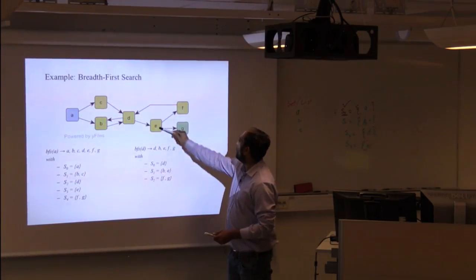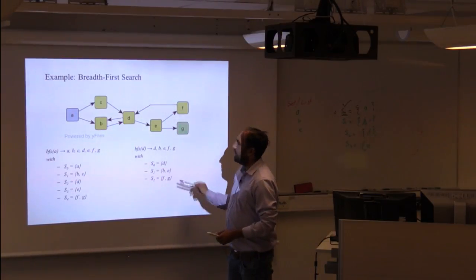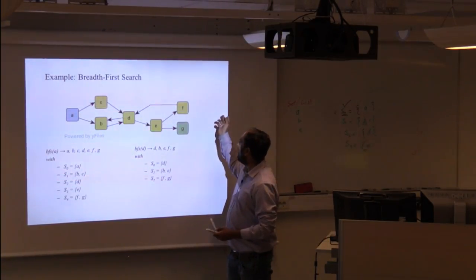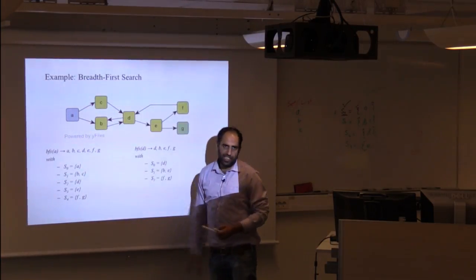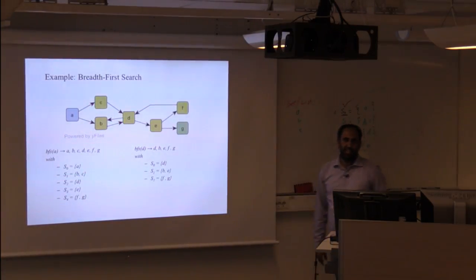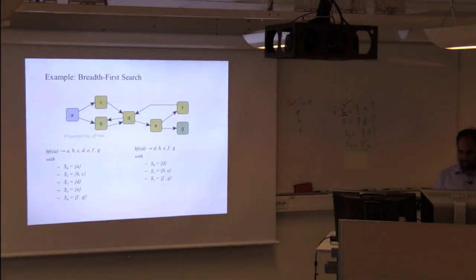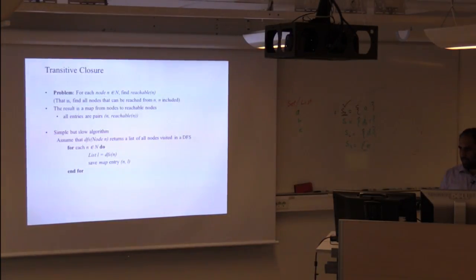And the successors of E, which are F and G, and then G does not have any successor. F has only one successor, D. However, D has been already visited. Okay, so that's how the breadth first search algorithm will work.